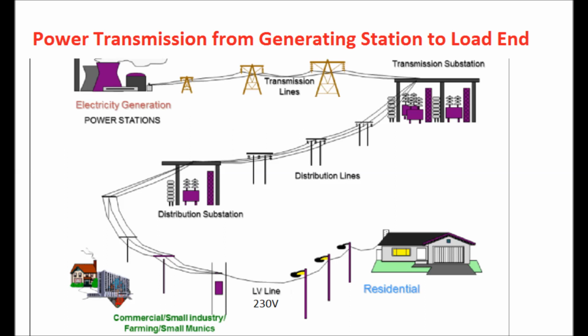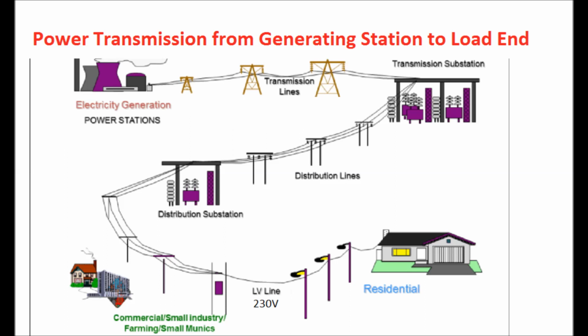Again, in the transmission end substation, the voltage is stepped down for the distribution line, and from the distribution line, 33 kV or 22 kV is taken to the distribution end substations. At the distribution substation, the voltage is again stepped down for LT commercial or household load.